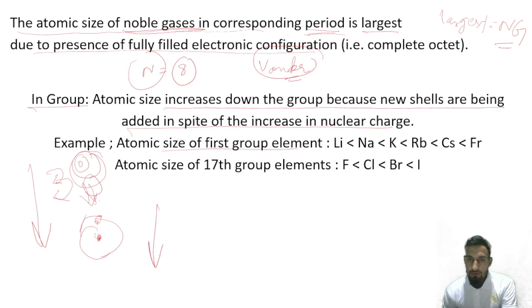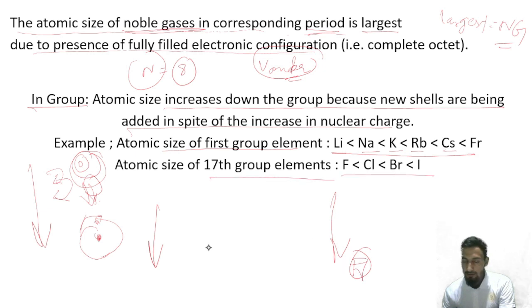Atomic size of first group elements: lithium is less than sodium, is less than potassium, is less than rubidium, cesium, francium and so on. ऐसे करके ये बढ़ता जाता है, नीचे वाले एलिमेंट का सबसे बड़ा साइज होगा. ऐसे ही 7th ग्रुप एलिमेंट्स का भी देख सकते हैं.